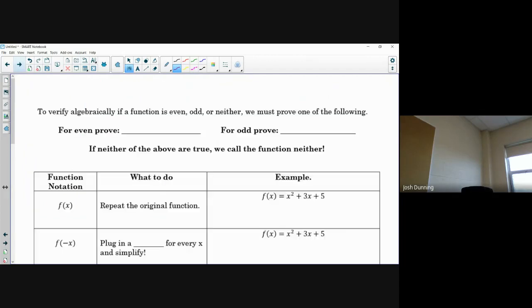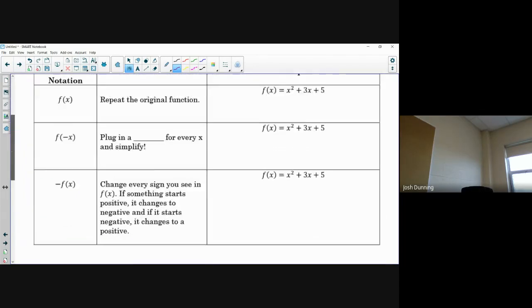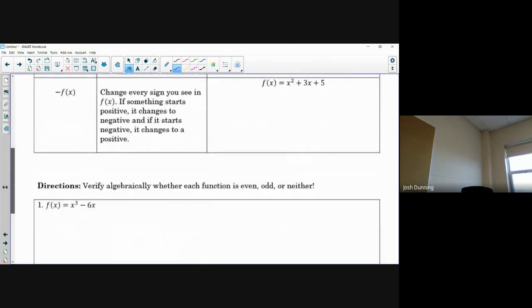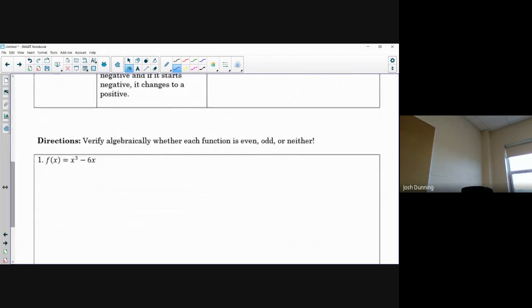Now I want to make sure to go over how this works algebraically. Even will come out exactly the same. Odd comes out, everything is the opposite. What you do, you change x to negative x.